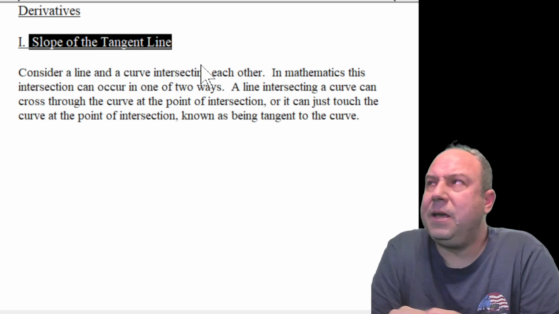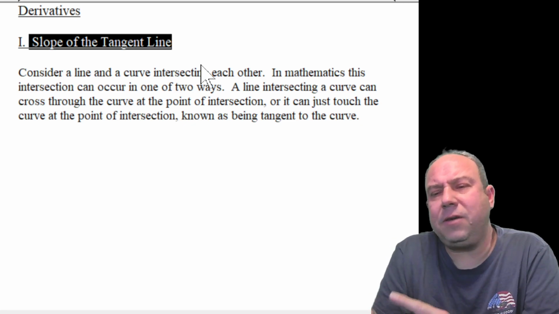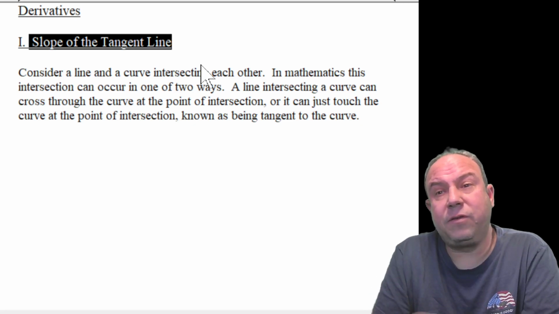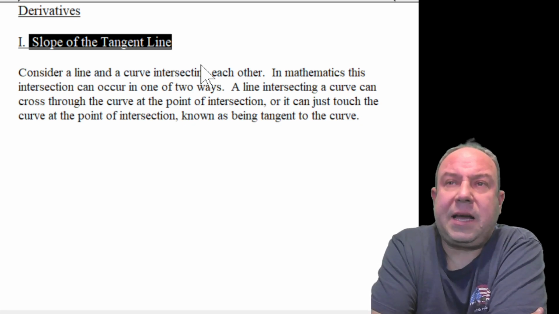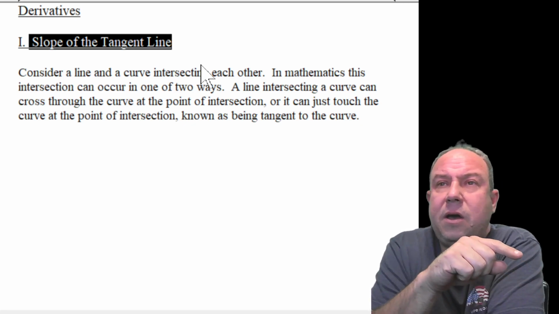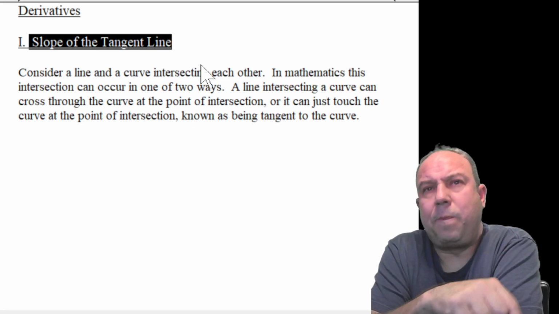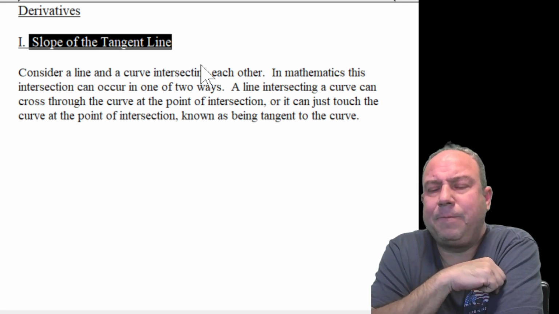We become interested in how to calculate the slope, the rise over the run calculation, for a line that we know is exactly tangent to another curve.